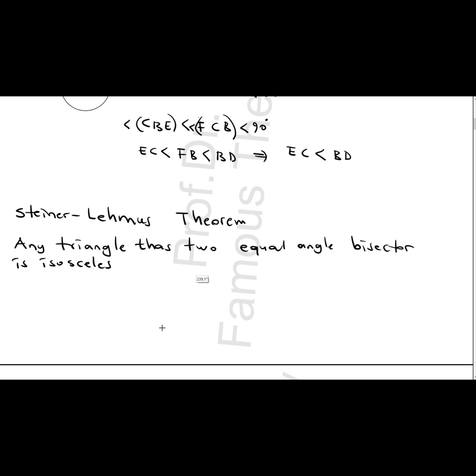Let me draw again. You have this one. It says if this is a bisector and this one is a bisector, with vertices A, B, C, and D and E, then if EC equals BD, it means the angle B equals angle C. No, not ED, BD, right?